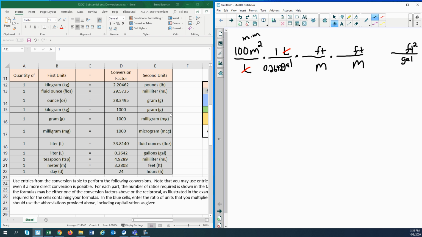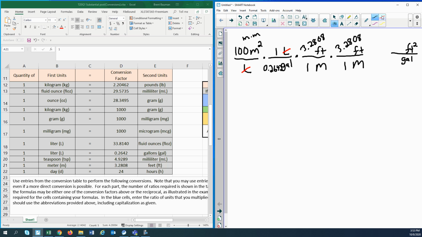So let's see what values we're working with. So we have 1 meter is equal to 3.2808 feet. So the 1 goes on the bottom next to the meter, and then the 3.2808 goes with the feet. So 3.2808, 3.2808.